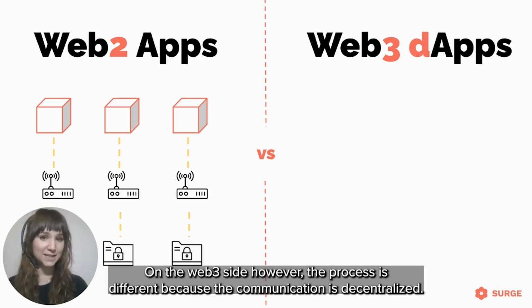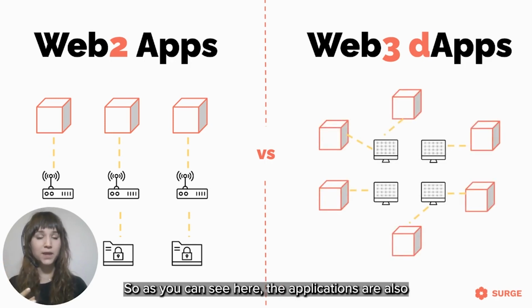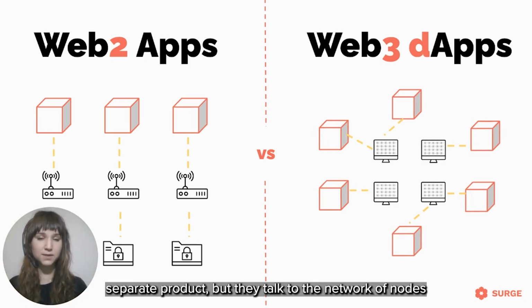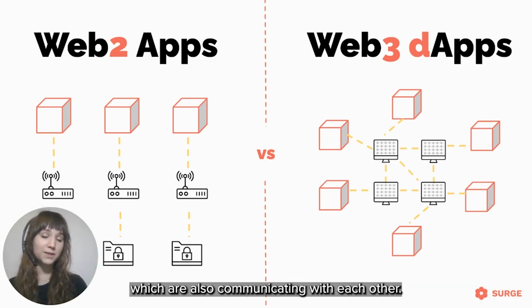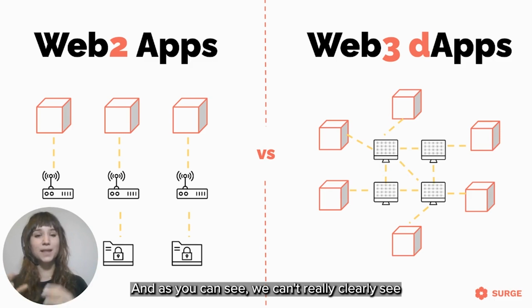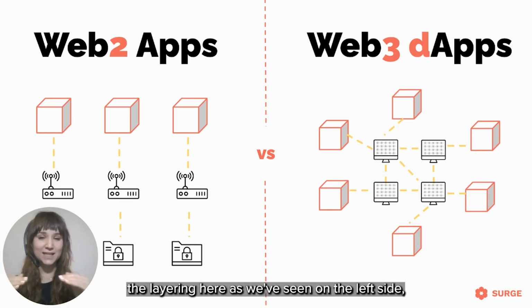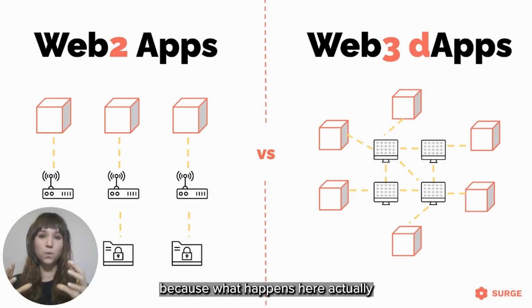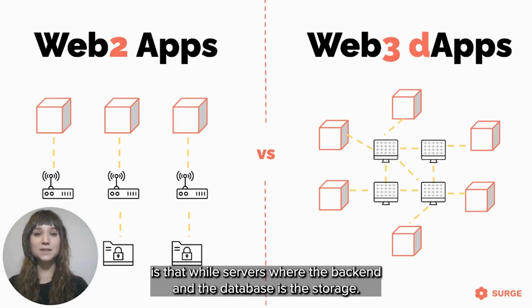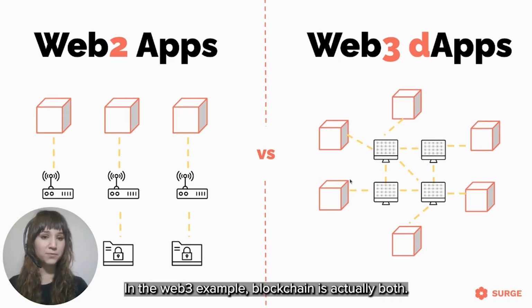On the Web3 side, however, the process is different because the communication is decentralized. So as you can see here, the applications are also separate products, but they talk to the network of nodes, which are also communicating with each other. And as you can see, we can't really clearly see the layering here as we've seen on the left side, because what happens here actually is that while servers were the backend and the database is the storage, in the Web3 example, blockchain is actually both.